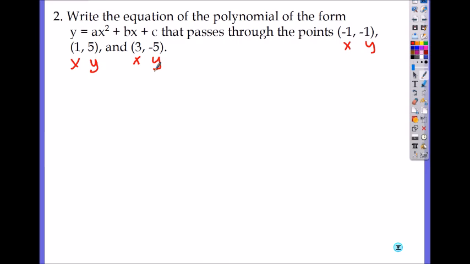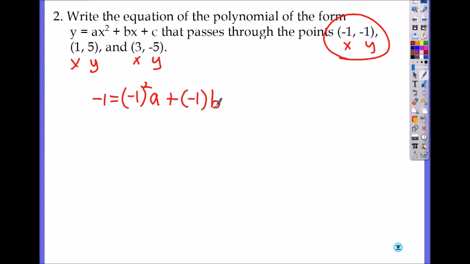So y equals, again, -1. Let's start from this one. y, -1 equals, what's -1 squared, times a. Let me just write it out first. Plus b times x, -1 times b, plus c.